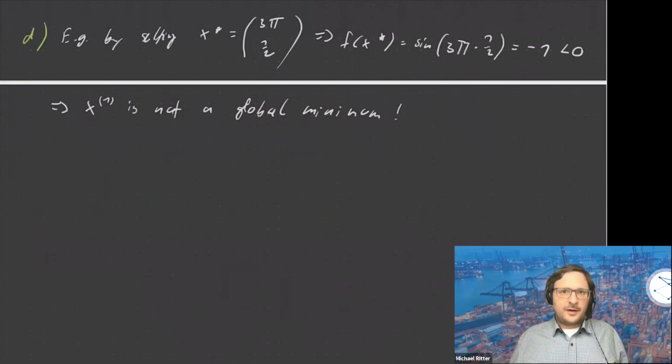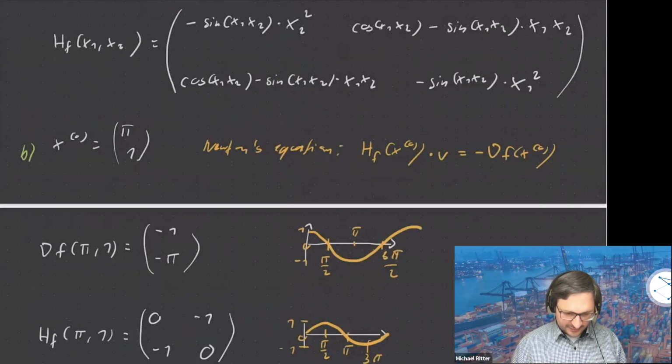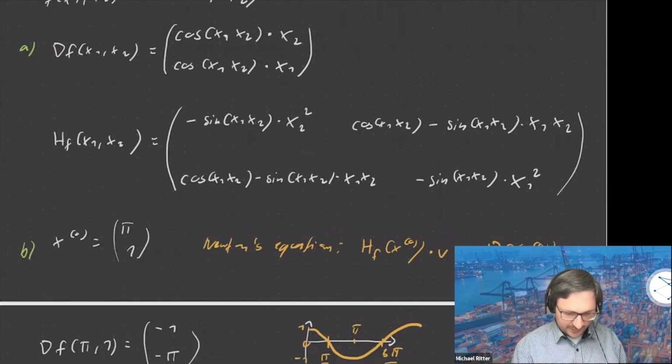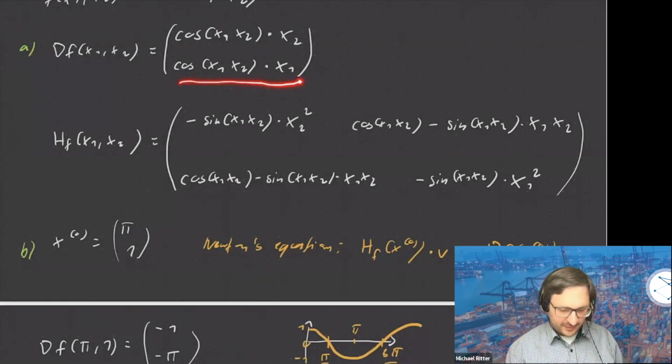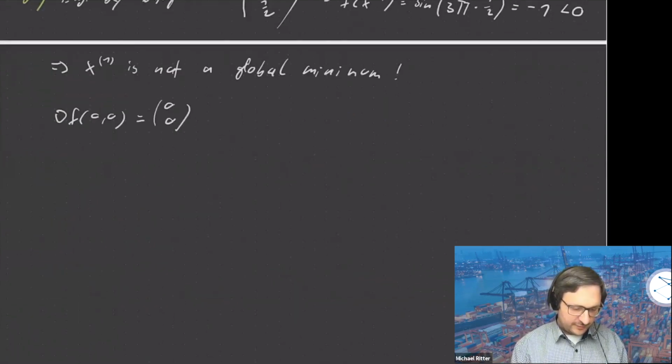Okay, so even if you compute the gradient, by the way, at the point x1, so the gradient at 0, 0, remember the gradient was, where is it? Here's the gradient. Of course, if you enter the point 0, 0 here, then that gradient becomes 0 as well. Okay, so that is a stationary point.